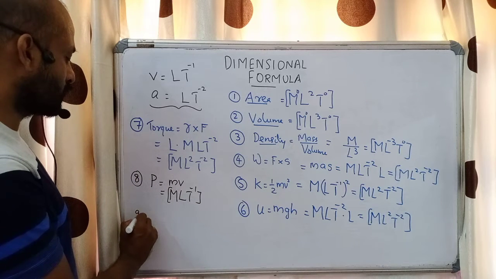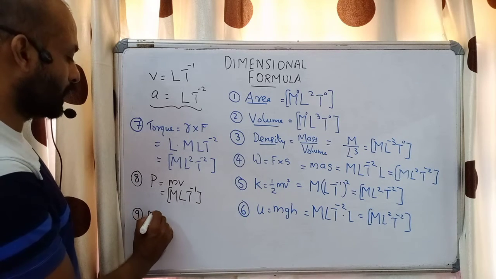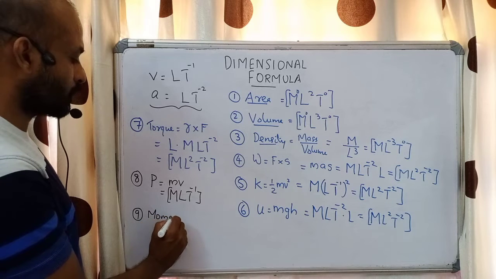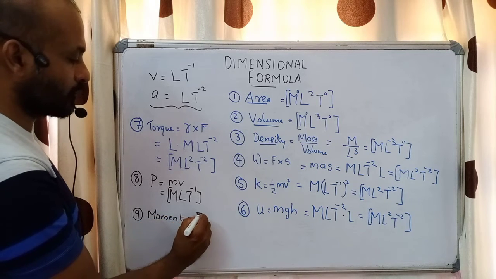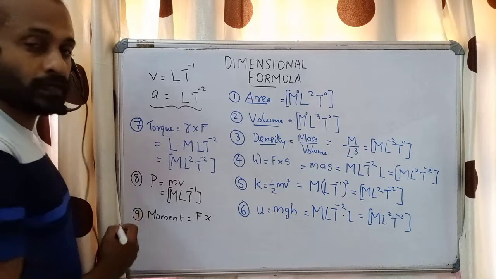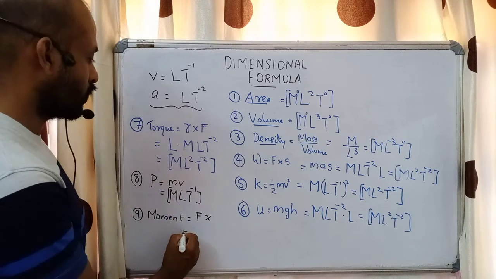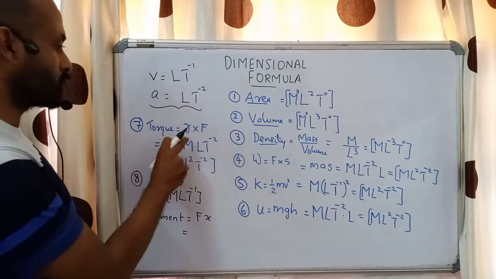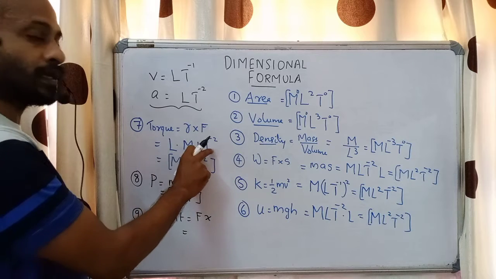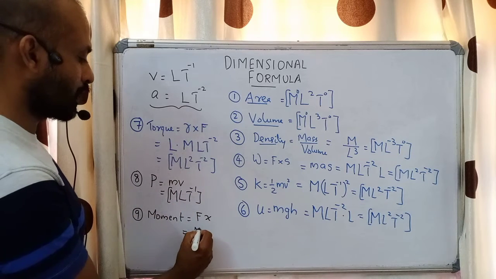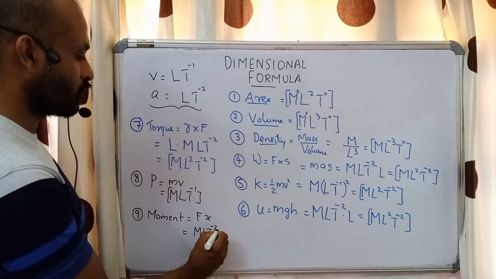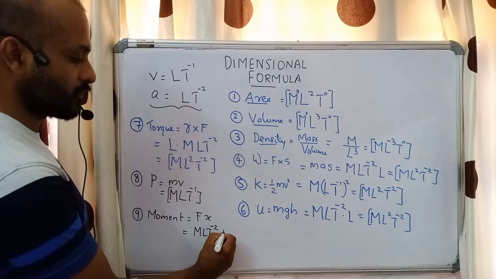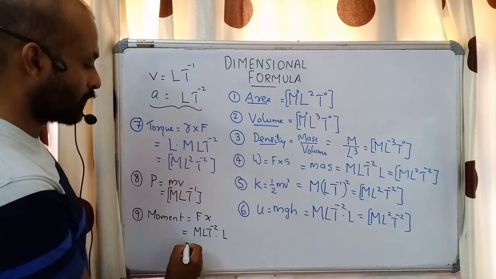There is another term similar to momentum. It is called a moment. Moment means the product of force into distance. F into x is called a moment. Force into distance. Force has the dimension formula M L T raised to minus 2, so we can use here M L T raised to minus 2 for force. Then distance, we have L. So when you multiply, what will you get?